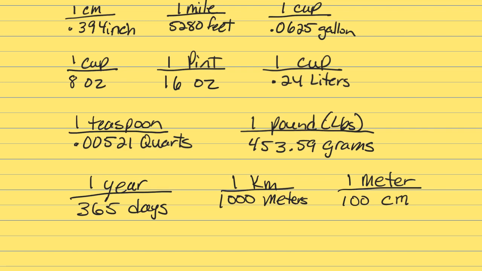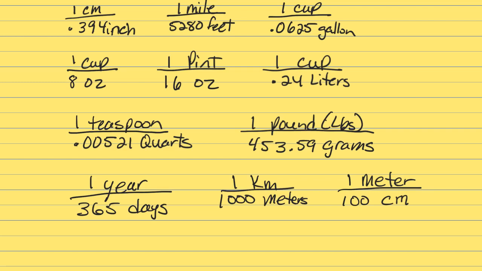5,280 feet per mile. So I'm going to look here. And so I've got gallons to cups, but I don't have anything that goes gallons straight to ounces. So I'm going to start with that one. Well, right here, I've got 1 cup is 8 ounces.